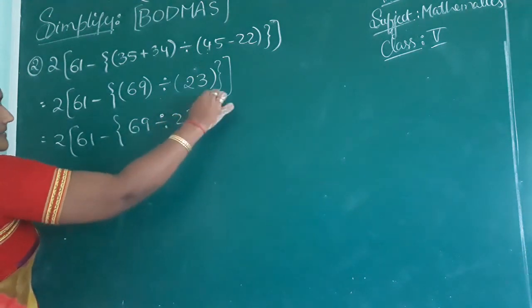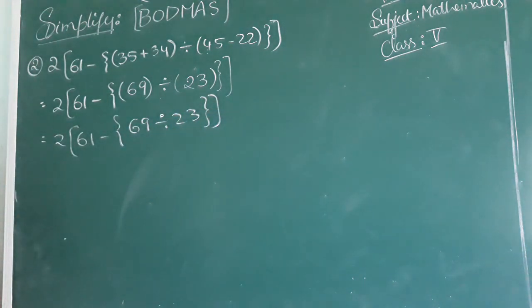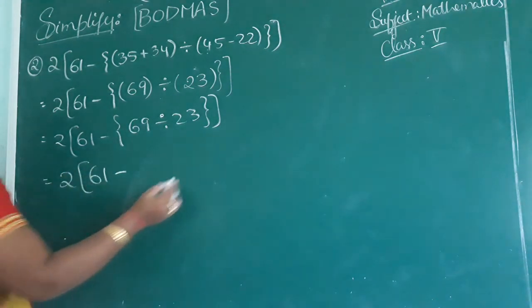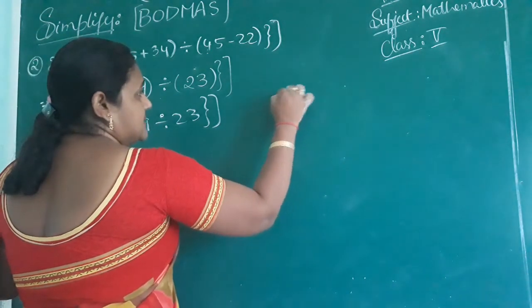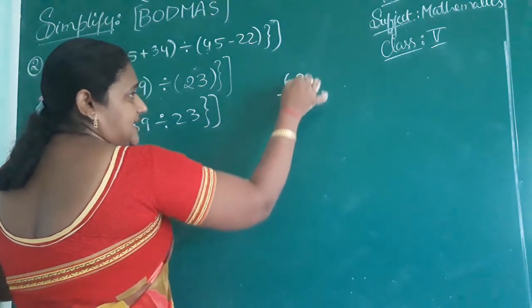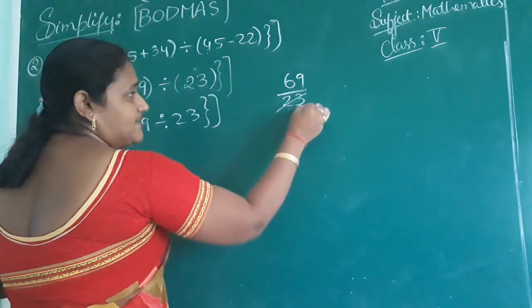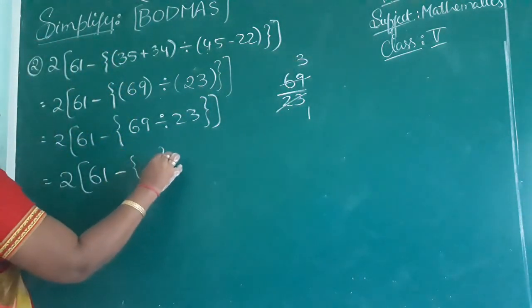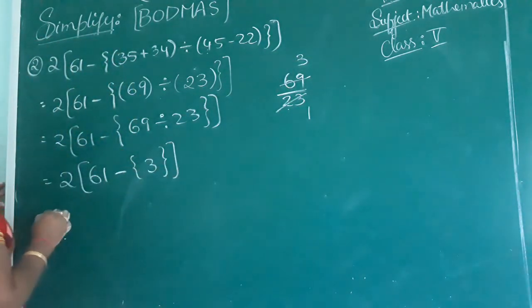Remove the brackets. What is 69 divided by 23? 3 threes are 9, 2 threes are 6, so 3 times it is possible. So minus of curly bracket 3, square bracket close.